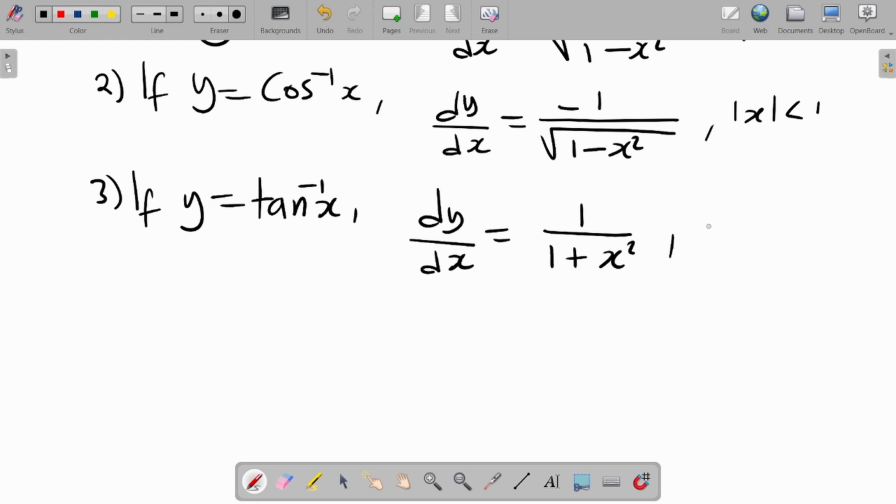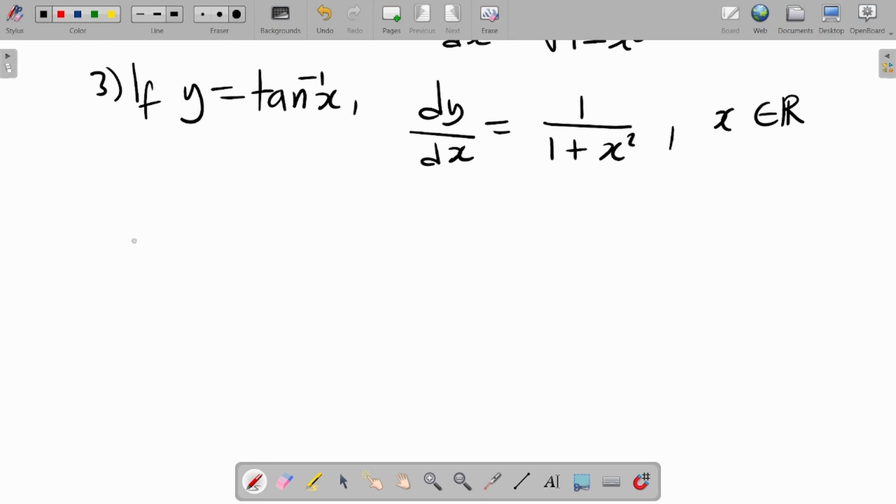This will be true for all the real numbers; all the values of x under real numbers will hold.